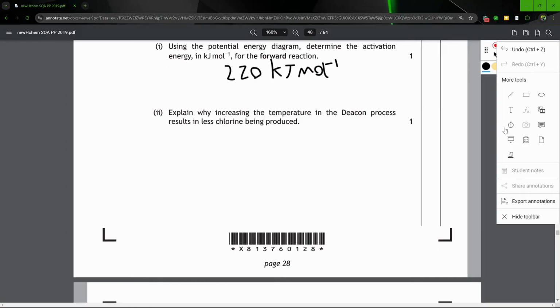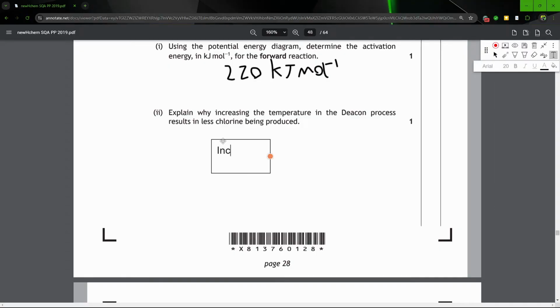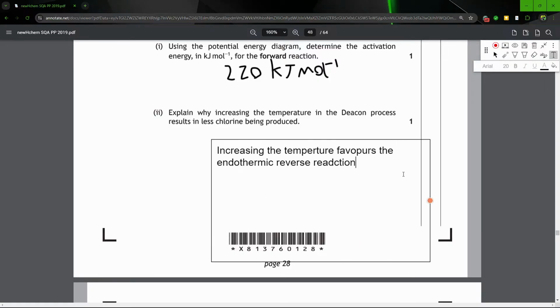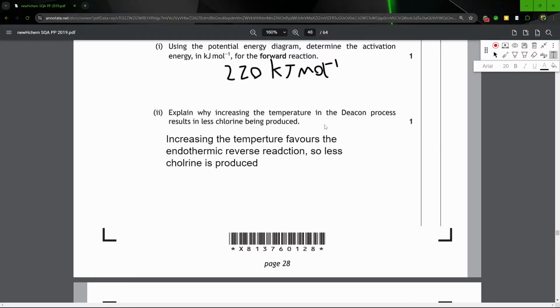So that's exactly what we're going to write. There we are.